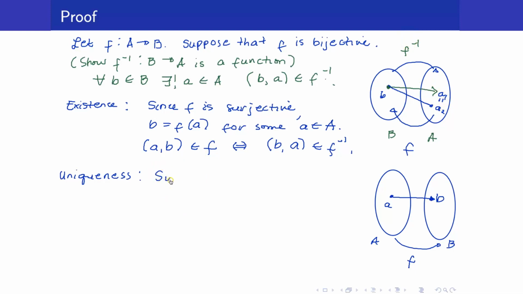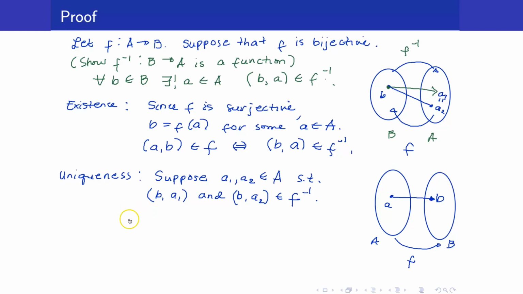So let's write that. So suppose a1 and a2 are elements of A such that (b, a1) and (b, a2) are both elements of f inverse.